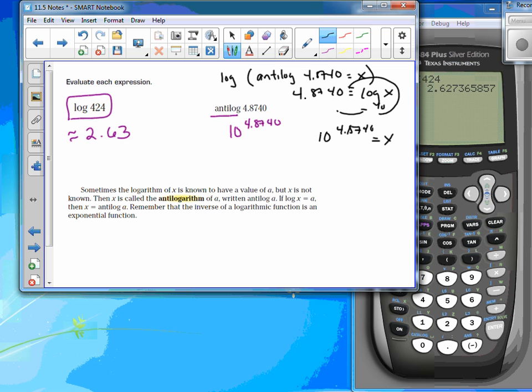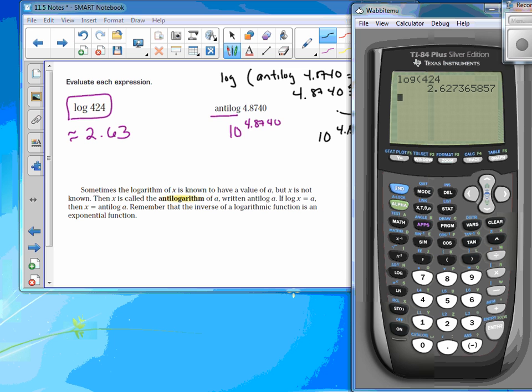It's all the same. Here again in this section where we're focused specifically on common logs that have base 10, to do an anti-log, you just do 10 to that power. If you forget, if you look above the log button, second log, you get 10 to the power. So it's there to help you remember the inverse.